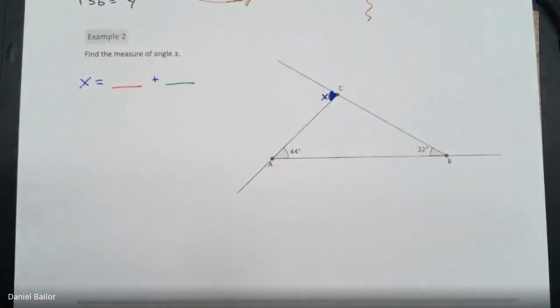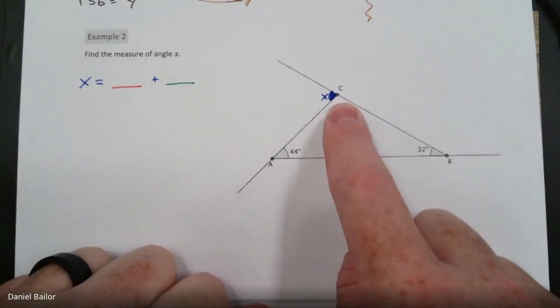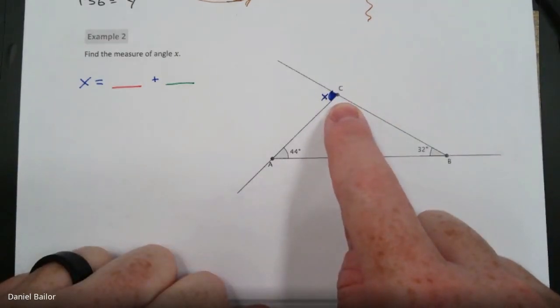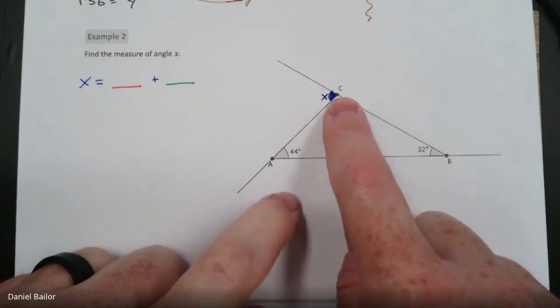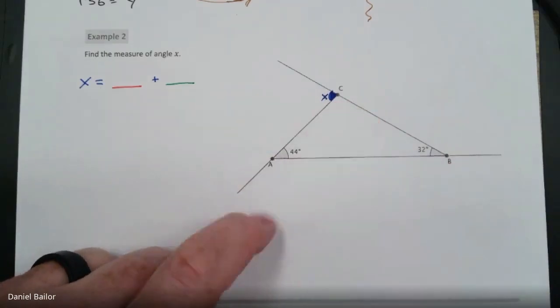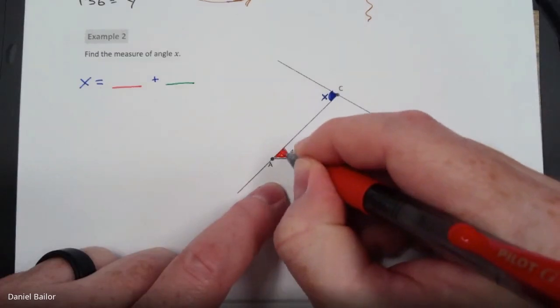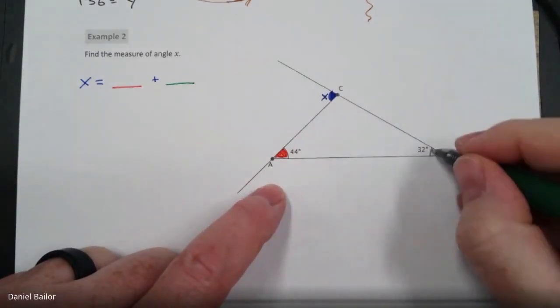So X is going to be equal to not this one inside the triangle, because that's not remote, that's not far away. We needed the two angles far away from X, which are these. So X, the rule we're learning today, is X is going to be equal to the red one far away and the green one far away.